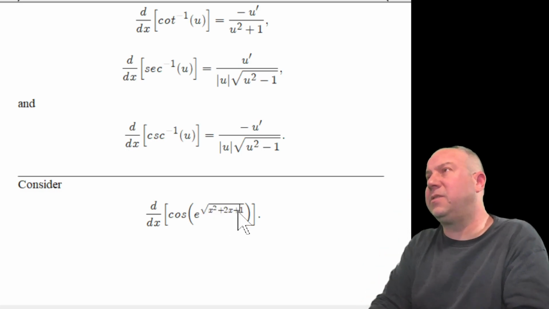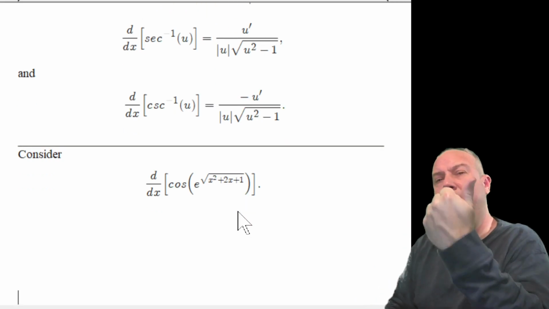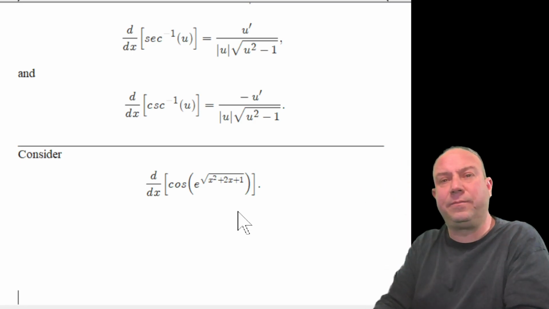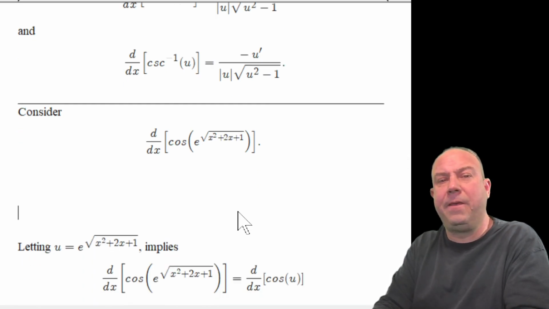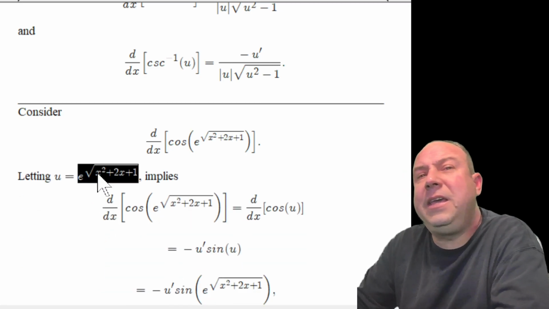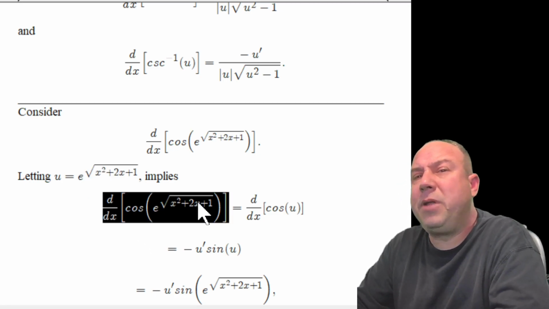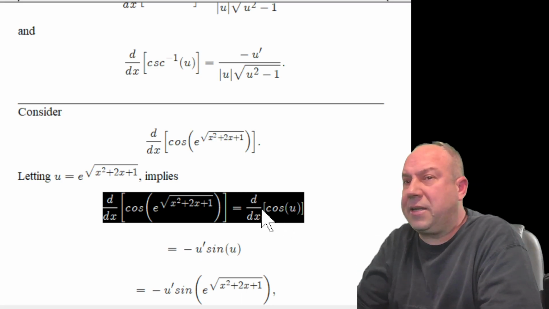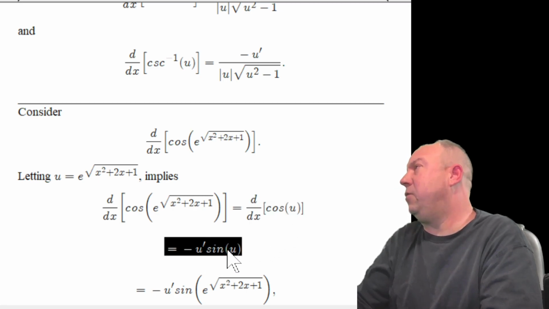This is several layers deep in its composition. 4 different function types: cosine, natural exponential, square root, and quadratic. We might be able to identify all of those cases. Now here, setting it up, letting u equal e to the square root of x squared plus 2x plus 1, ends up implying that my derivative with respect to x is now the derivative with respect to x for the cosine of u, which we know from above is negative u prime sine u.